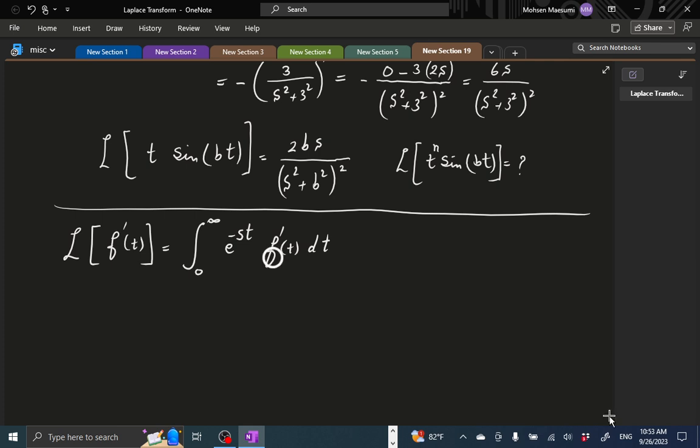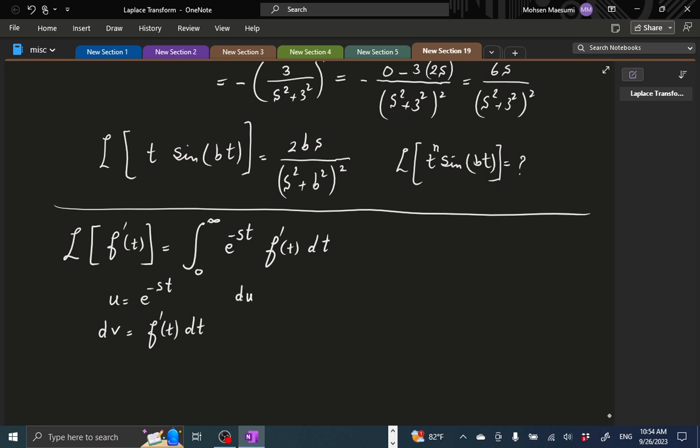Well, this appearance suggests applying integration by parts. So we take u to be exponential of minus st, that's our kernel. dv is going to be f prime of t dt.